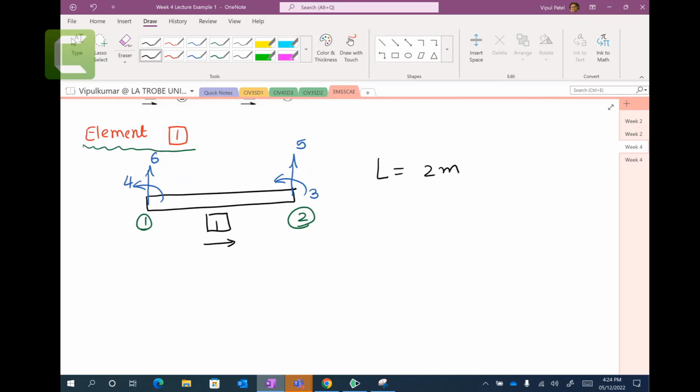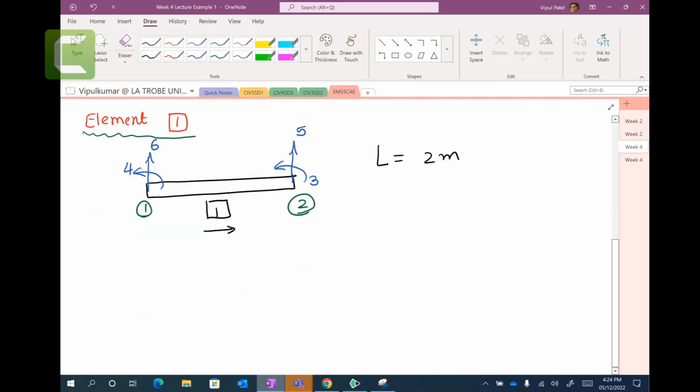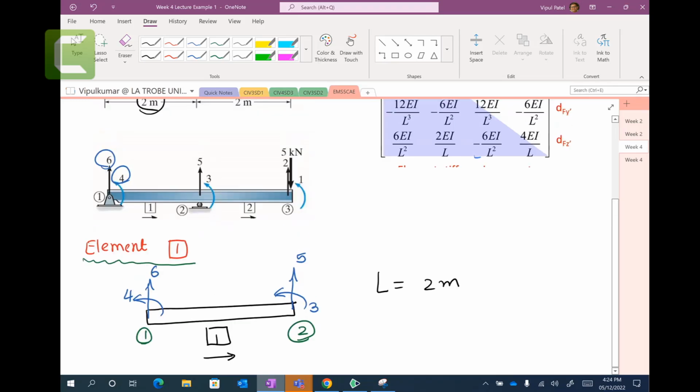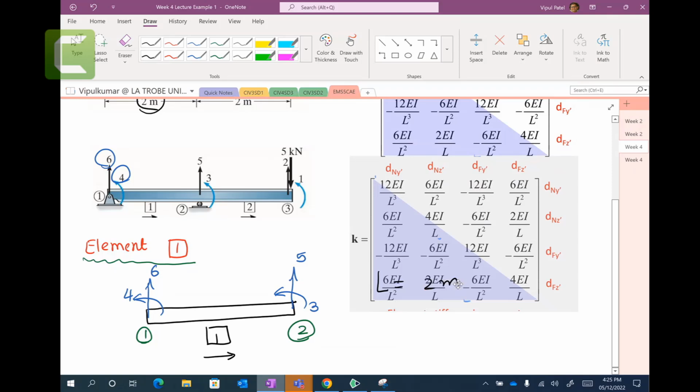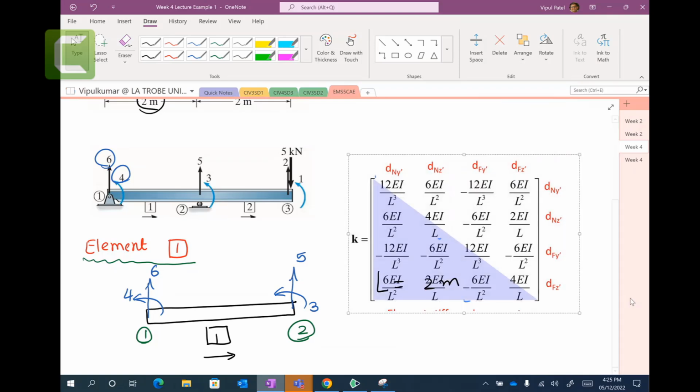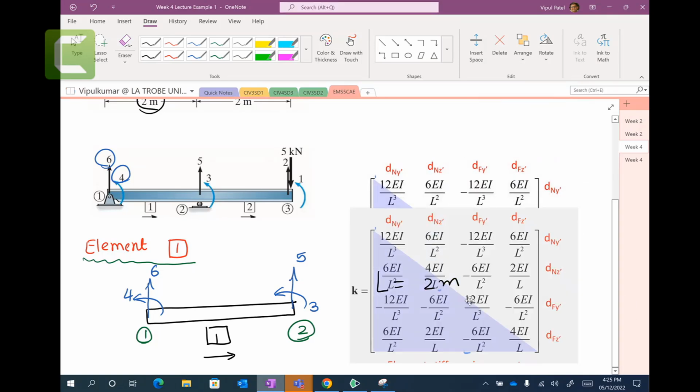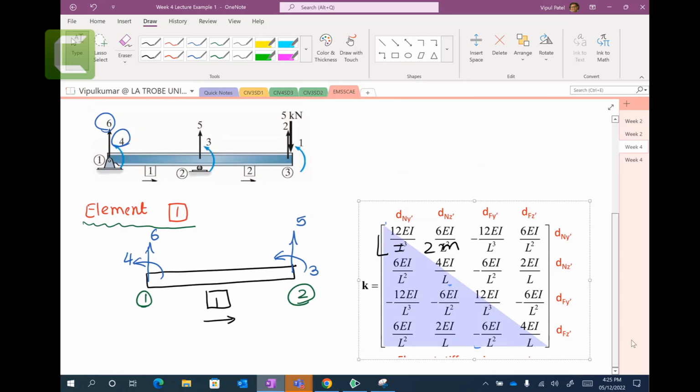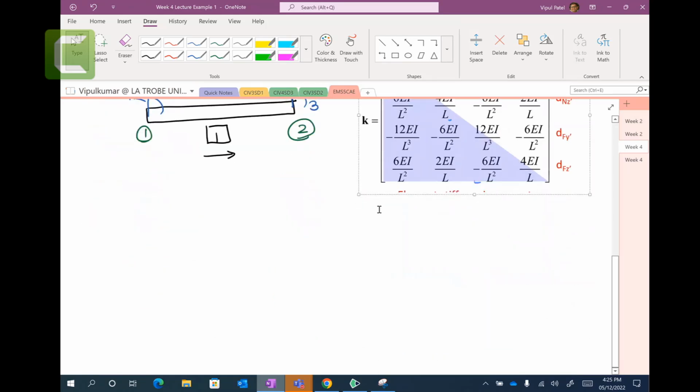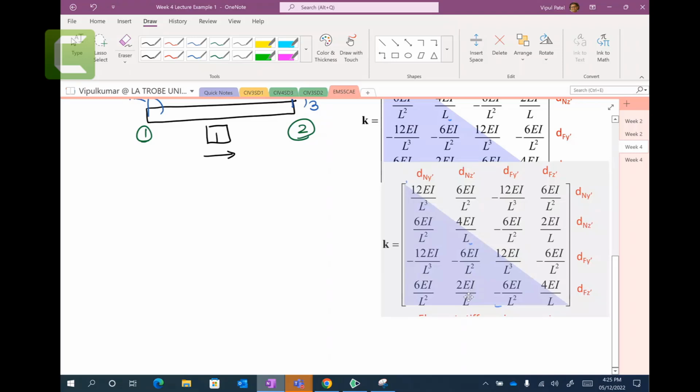All good so far. Now if you understand these, I will bring these equations down here to keep them in front of us.